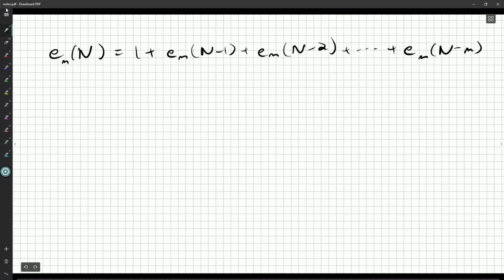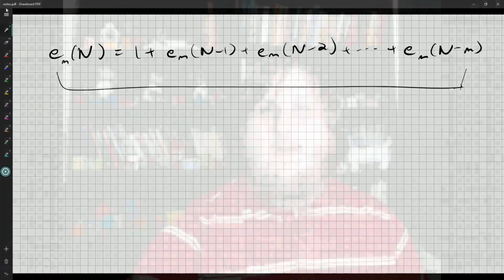So what we can definitely say is it's 1 plus em n minus 1, em n minus 2, and I'm going to go down, based on our work with m equals 2, all the way down to em n minus m. And so we get a nice little recursion formula. And there we go. That should be it.